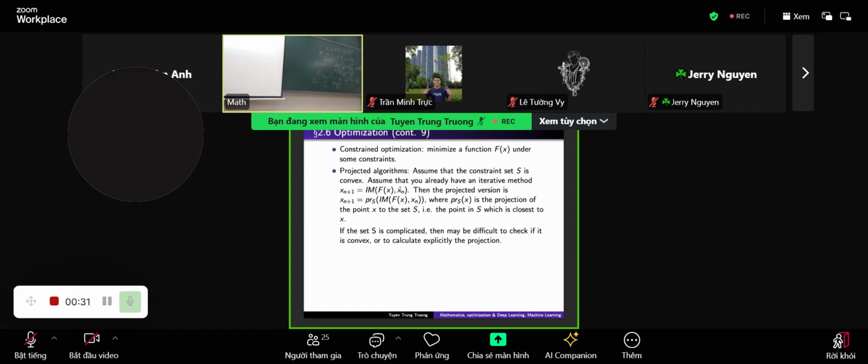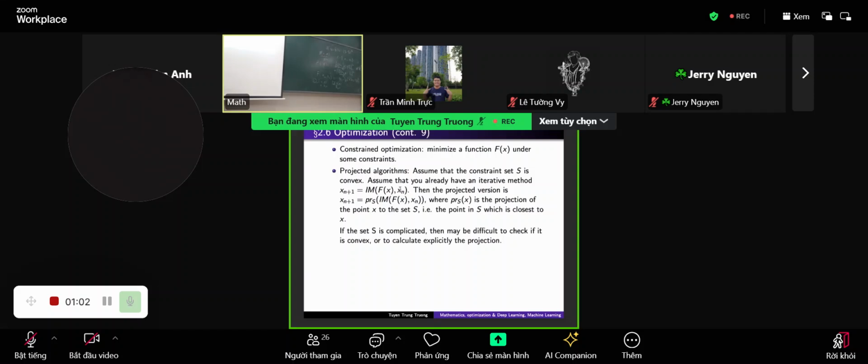So maybe this one could go outside, and so it does not satisfy your constraint. So what can you do? You can project it back inside the set X again. And this is possible if your set is convex, and then if you have a point outside, you can find a unique point inside that is closest to your point.